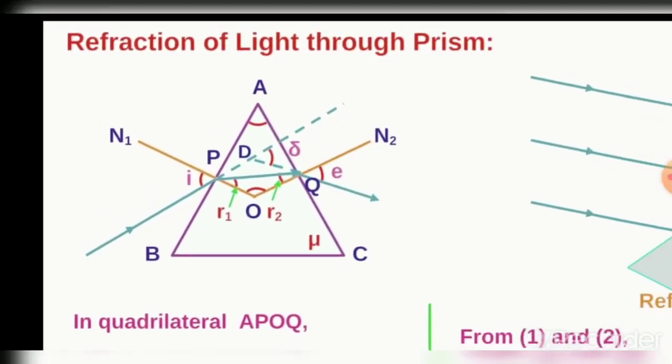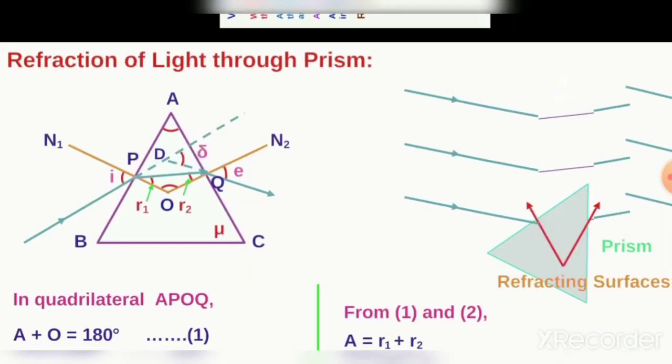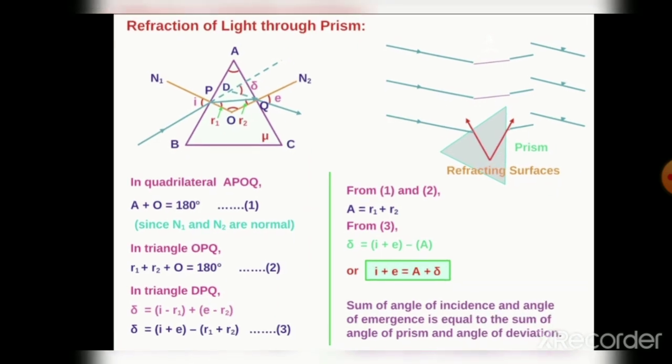All these angles you can see clearly on the screen: A, delta, the angle of deviation, E, the angle of emergence, I, the angle of incidence, and R, the angle of refraction. That is what we are going to find in this video.